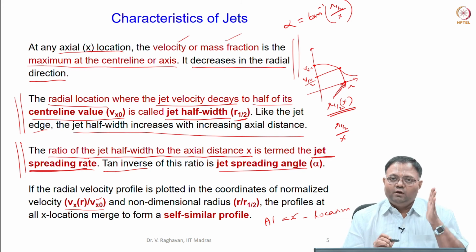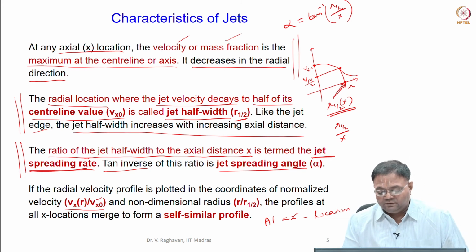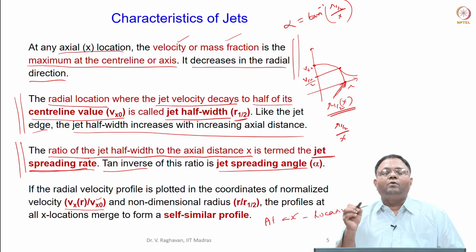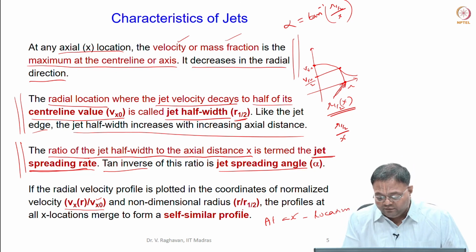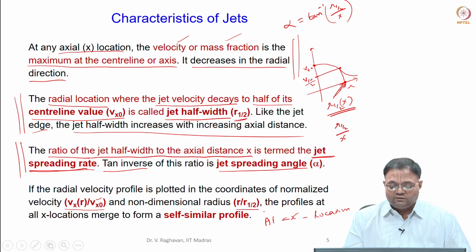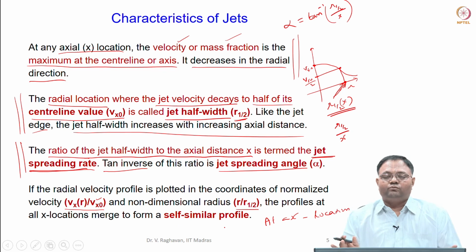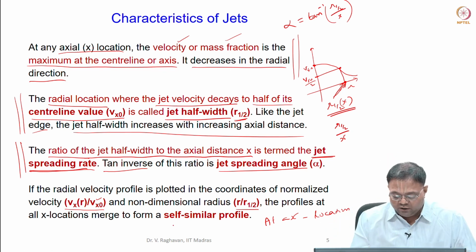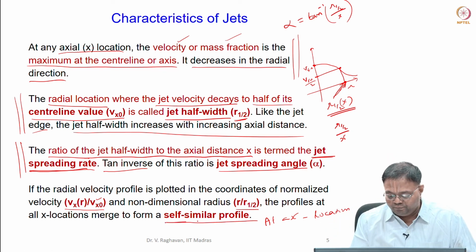That I plot in the y axis. In the x axis, radius should come, but I do not plot radius alone, I plot radius divided by the half width, R by R suffix half. If I do this, then all these profiles collapse to one profile, which is called self-similar profile.